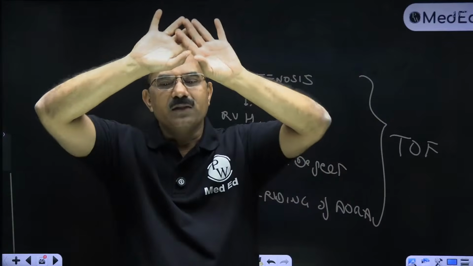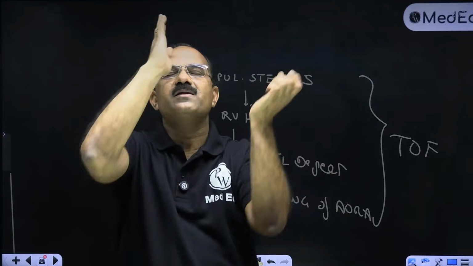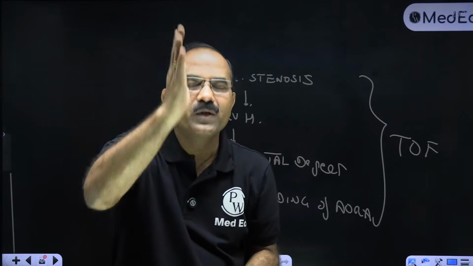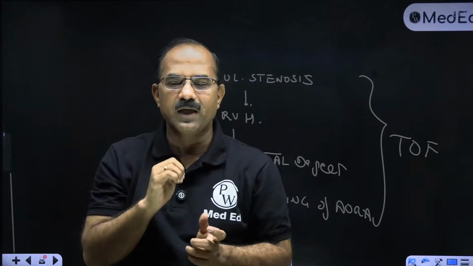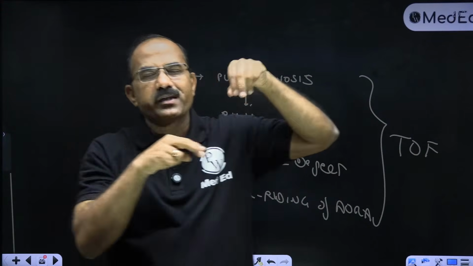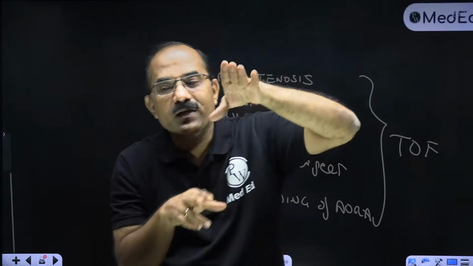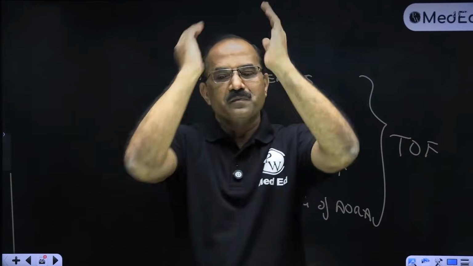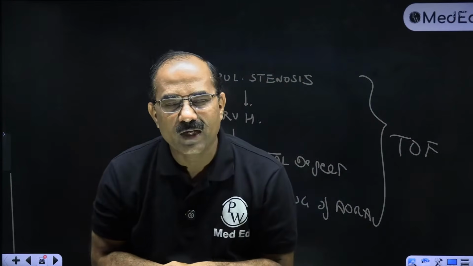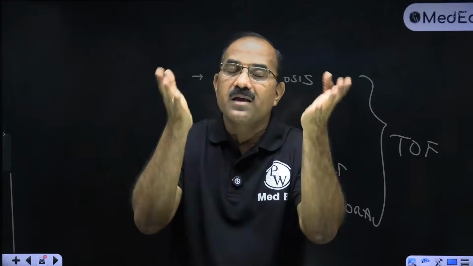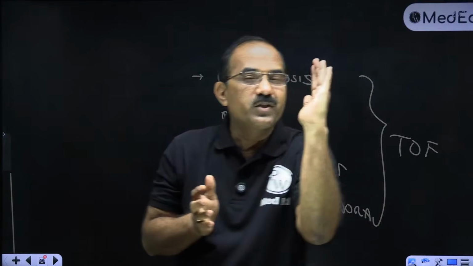ठीक है, ये ट्रंकस आर्टीरियोसिस में एक सेप्टम बनता है, नाम है एओर्टिकोपल्मोनरी सेप्टम. इन दिस एओर्टिकोपल्मोनरी सेप्टम देयर इज द न्यूरल क्रेस्ट सेल्स व्हिच माइग्रेट. न्यूरल क्रेस्ट सेल्स इसमें जाते हैं. अगर न्यूरल क्रेस्ट सेल्स नहीं गए, the septum shifts to the right side.